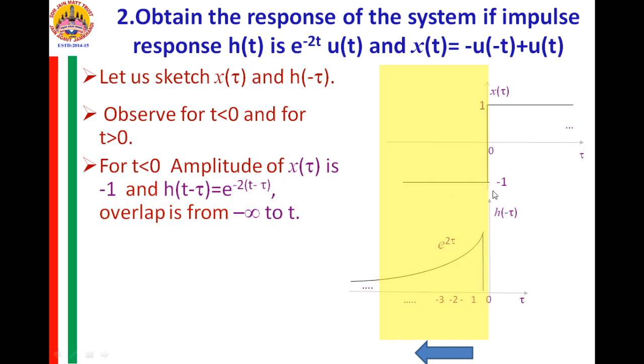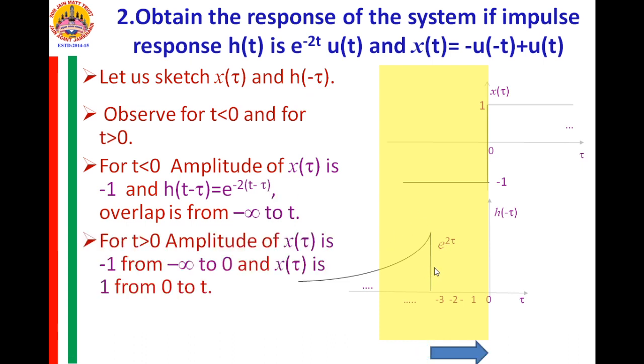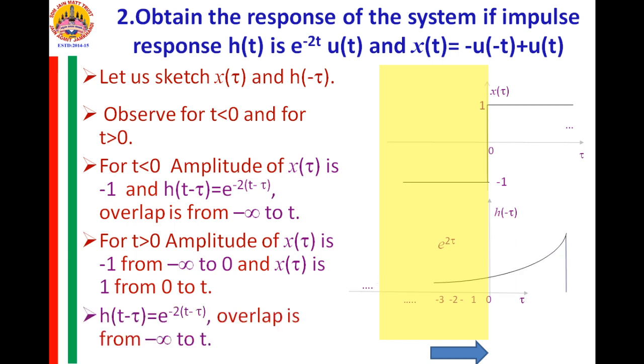Now beyond this, for t less than 0 we will be shifting this to this side, and still you observe that however many times you shift h of t minus tau to the left, both are infinite duration signals, and the overlap is always from minus infinity to t, and the product is minus e raised to minus 2 times t minus tau. Now for t greater than 0, we will be shifting h of t minus tau towards the right side, and what is your observation?